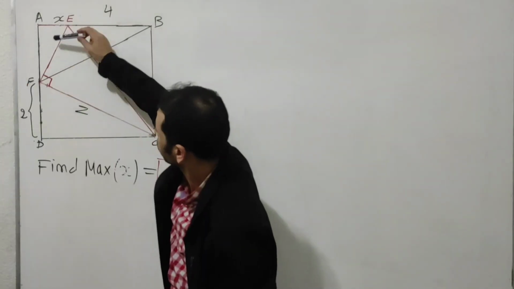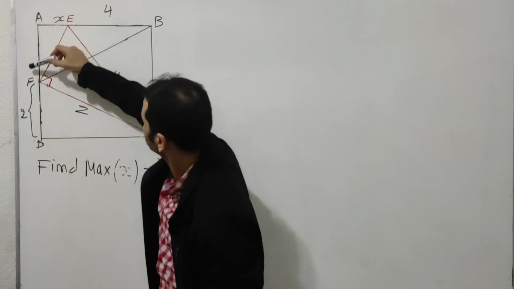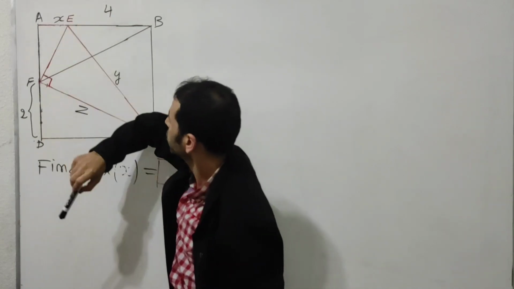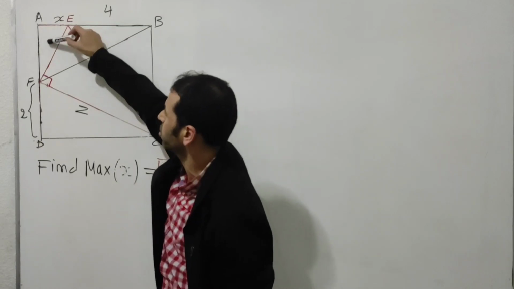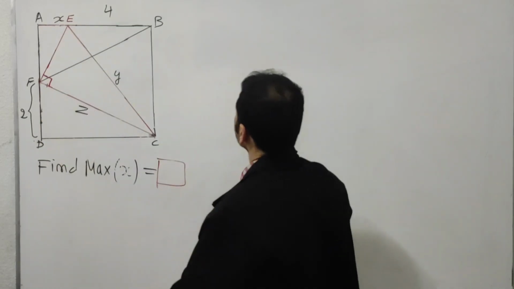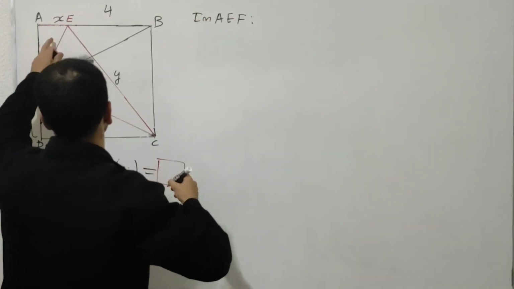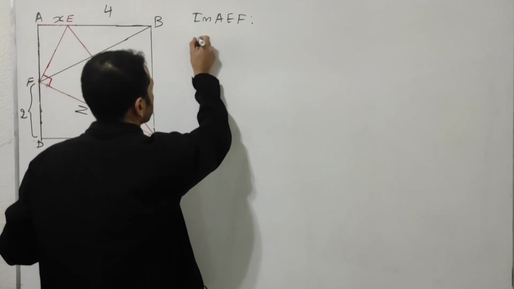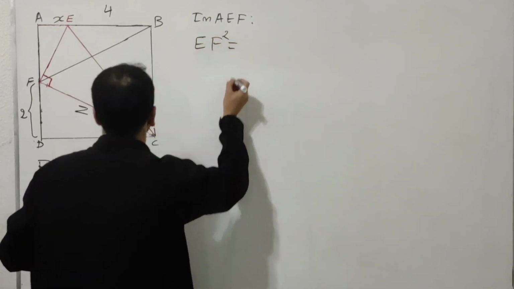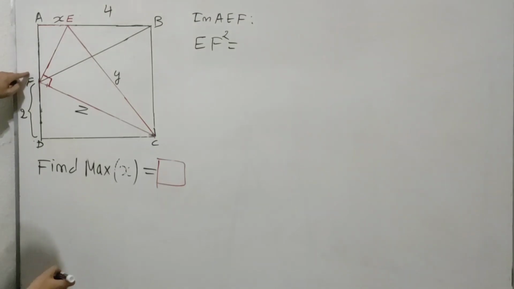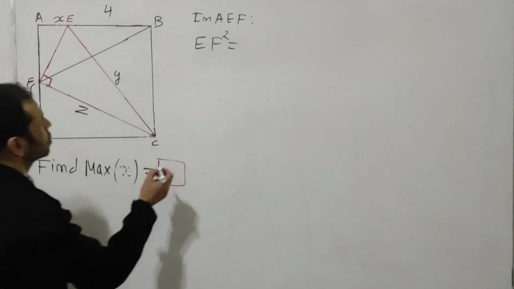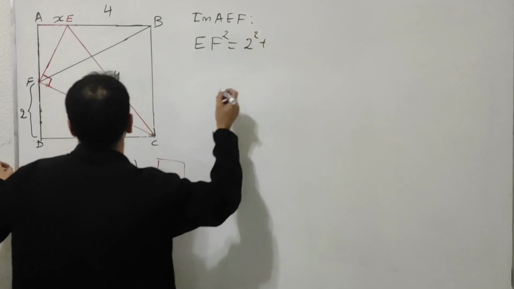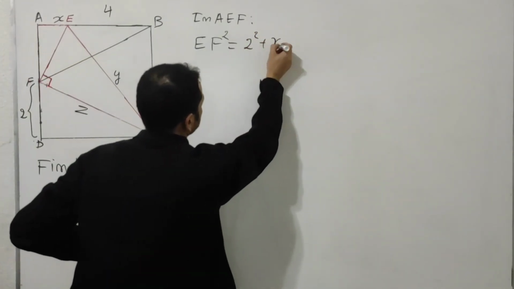Now, if you take a look at this little triangle AEF as a right triangle, I'm going to apply the Pythagorean theorem on this small triangle. I have EF squared equals this distance, which we found out was 2 because F is the midpoint of the segment AD, so 2 squared plus this distance, which is x squared.